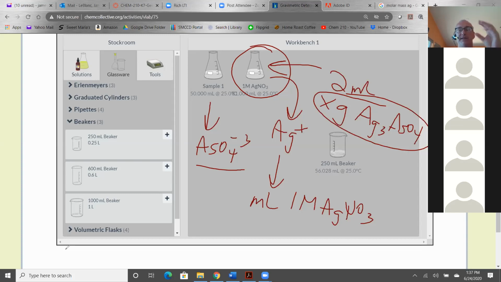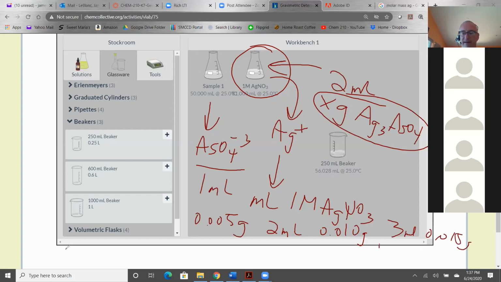No, for you, there'd be a separate line for each addition. So let's say for sample 1, you first added 1 mil, and you got 0.005 grams of precipitate. At 2 mils, you got 0.01 grams, and at 3, you got 0.15 grams.